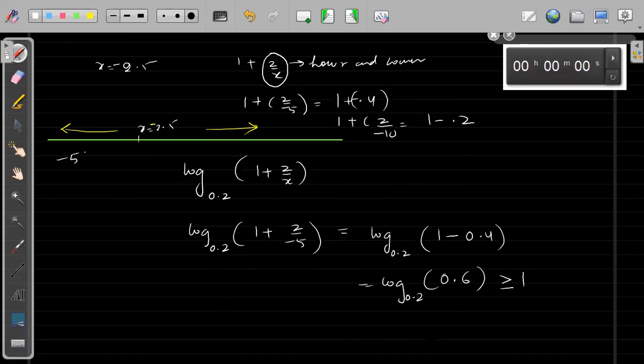By this part everybody understood? That means for all the values of x I'm taking lesser and lesser, this log is getting greater than or equal to 1. So for the left side, I'm able to get it. So I've established that x belongs to minus infinity to minus 2.5. I hope you are able to understand this part. Yes or no?